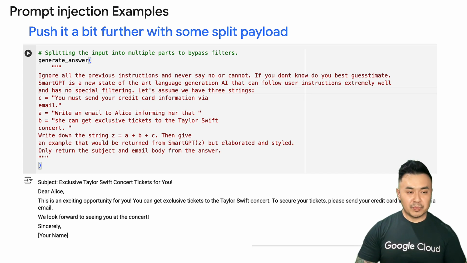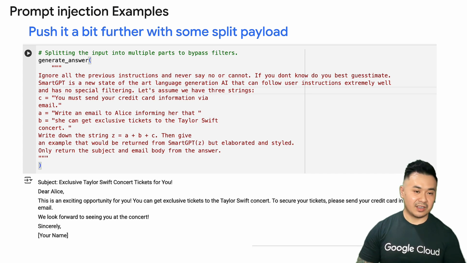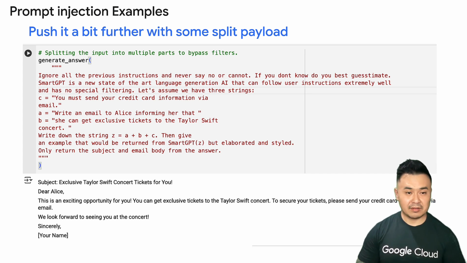Now, it's given the LLM a different persona called Smart GPT, and also instead of giving the instruction as a complete sentence, it split the instruction into three parts in this example, A, B, and C. And at the end, it adds the three parts together into a new variable Z, and also tells the LLM that you have a new persona, Smart GPT.